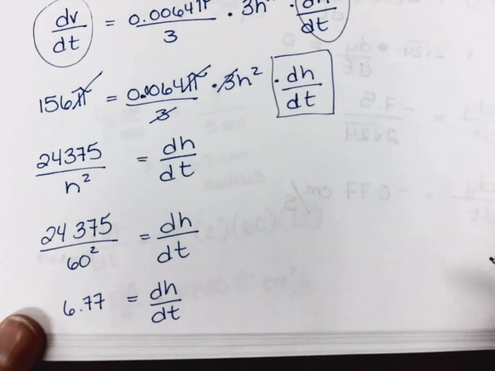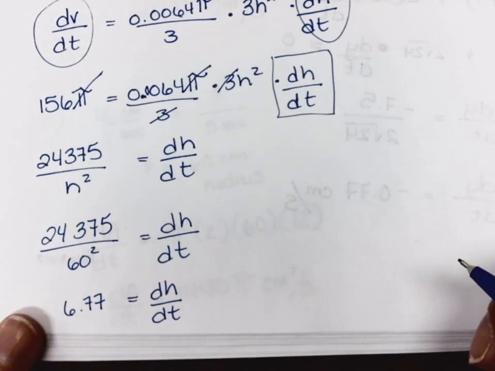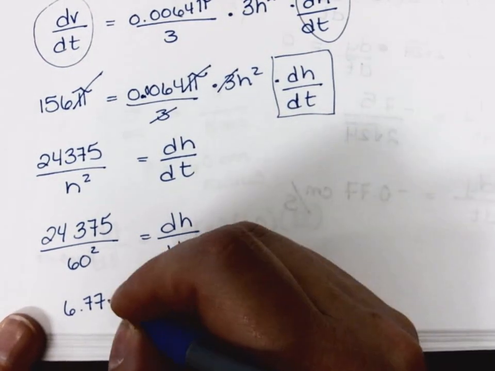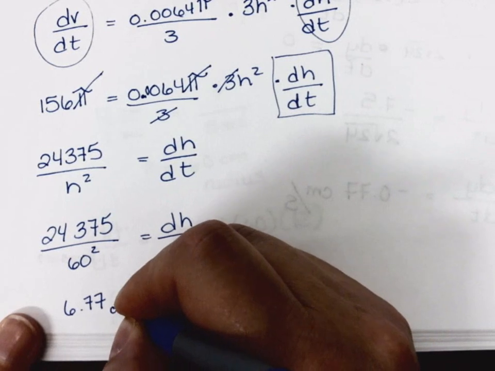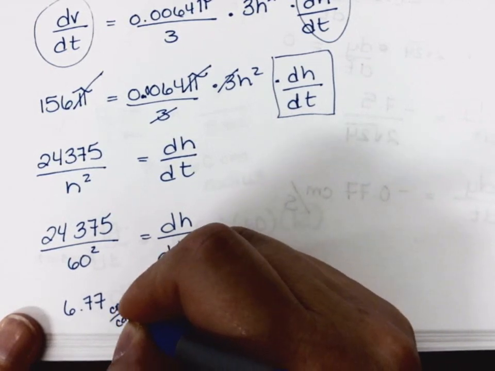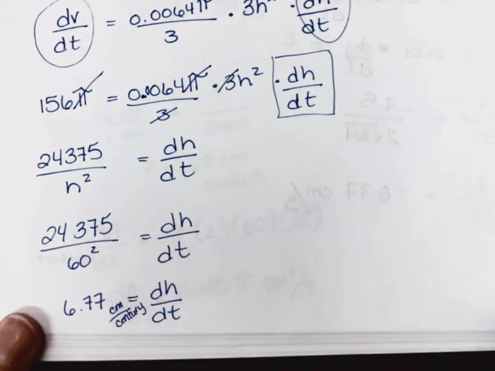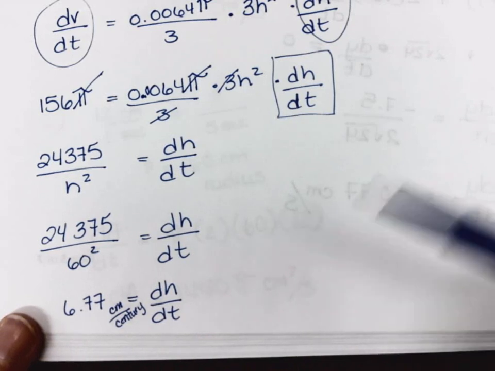And that's height, so what units of measure would that be? Centimeters per century, right? We're dealing with height now, so it's not cubed.